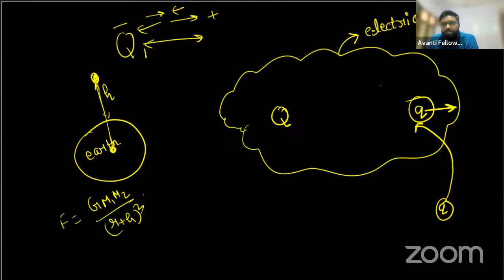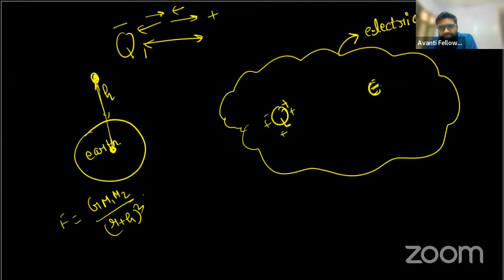It will be attractive or repulsive based on the nature of the other charged particle. Suppose this is a positive charge and this is a negative charge: the field will try to grab it, attract it, so the force will be attractive. If this charge is also positive, the field will try to repel it.